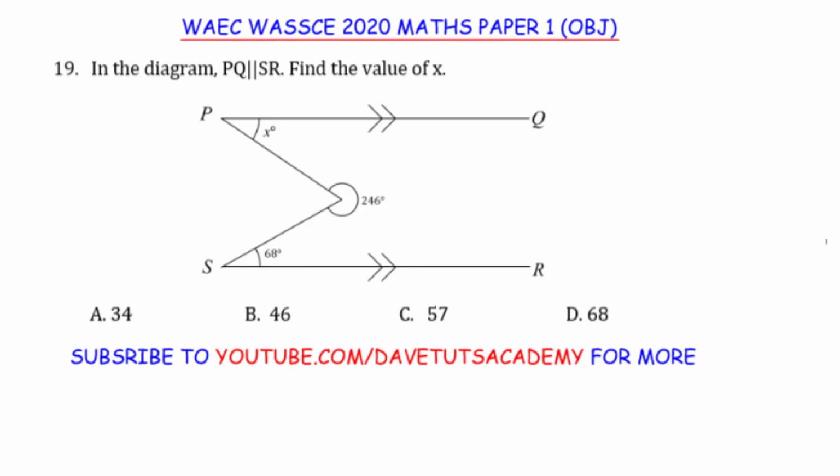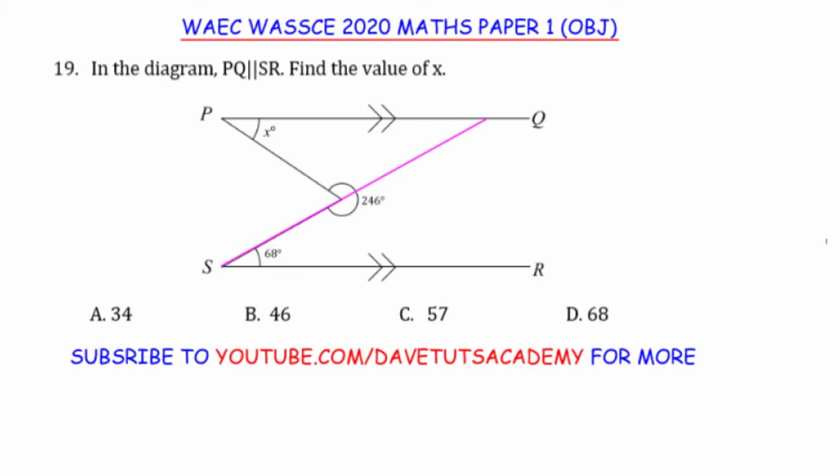Alternatively, let me also show us another way. Alternatively, look at this particular line. You can say we want to extend it to Q. So from S, I can just say I want to extend this line and just go about it like this.